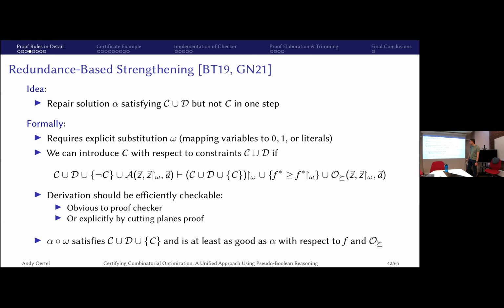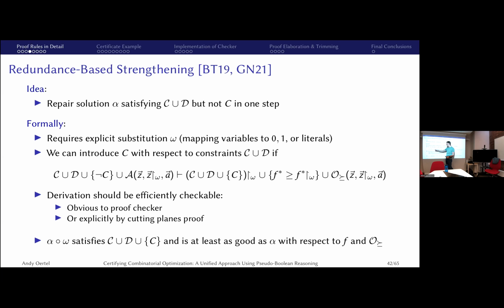What this derivation says is that we have this precondition: any solution satisfying our core and derived set, but not our added constraint.